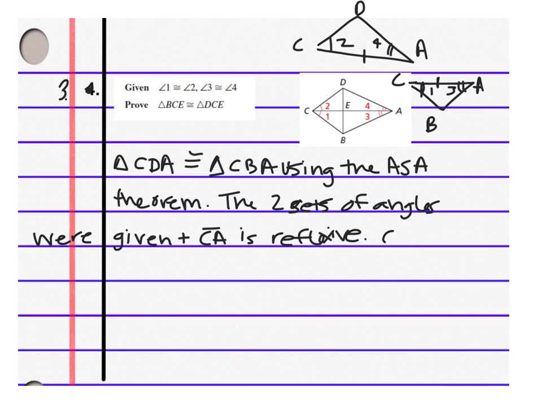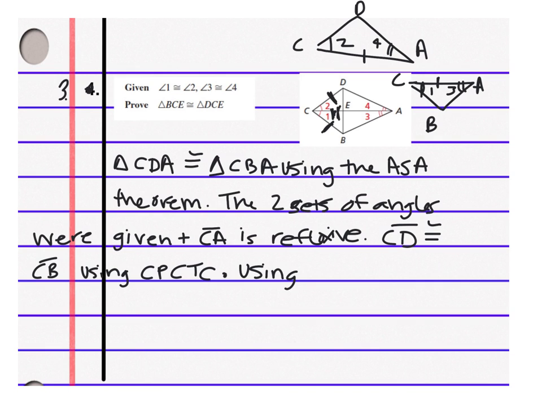Then I know that CD, side CD right here, is congruent to CB because of corresponding parts, using corresponding parts of congruent triangles, CPCTC. Then using the SAS theorem, right, SAS right here.